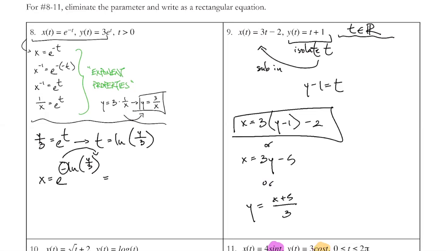If we use that property, we'll get e to the natural log of y over 3, to the negative 1 power. Another thing we learned is that e's and natural logs undo each other. So these reduce, and we end up with x equals y over 3 to the negative 1.